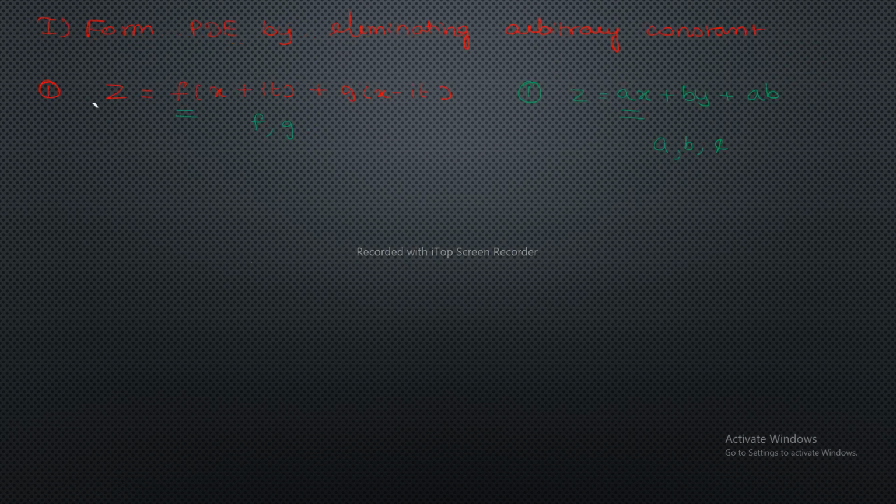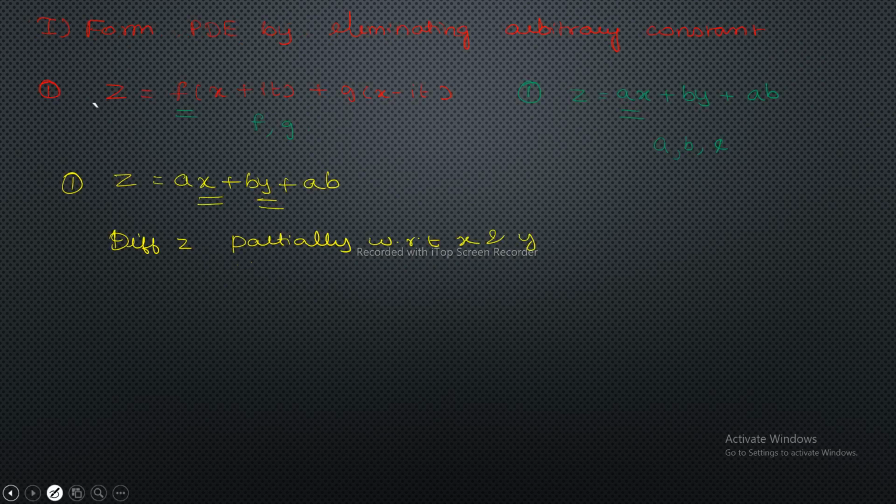Now let's solve the question. So first let me solve this problem, that is z = ax + by + ab. So we have two independent variables, x and y. So I'm going to differentiate z partially with respect to x and then y. So if you differentiate with respect to x, what are you supposed to get? Dou z by dou x, that is, I said, is p.